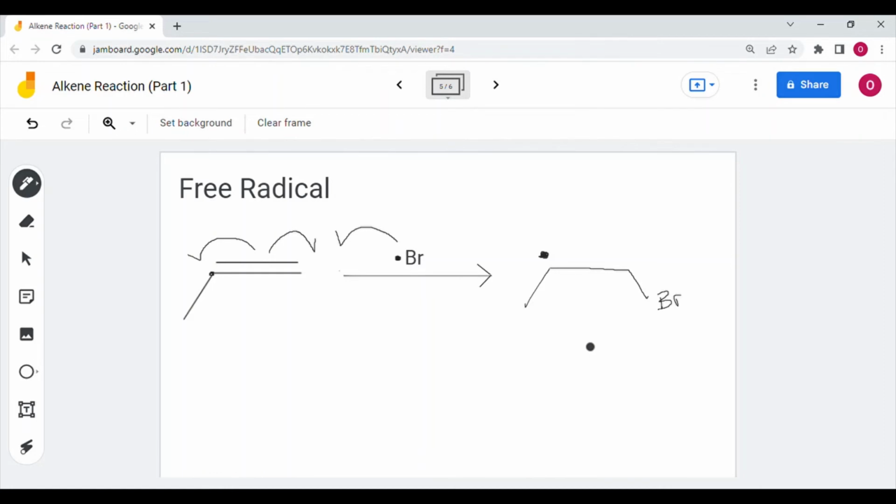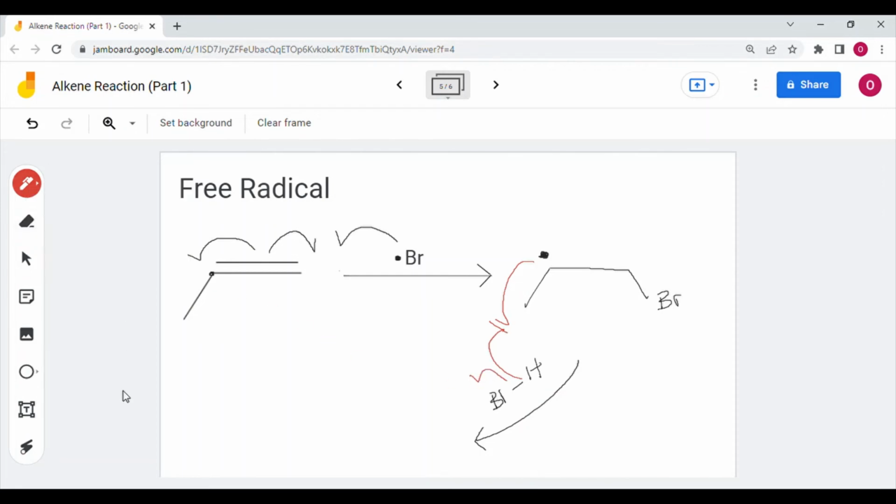So now the very final step is to remember that we have additional HBr in the solution. So when you react this molecule with additional HBr in the solution, what ends up happening is that we're basically going to be getting rid of this free radical like so. So specifically, this electron from the hydrogen is going to form a bond with that free radical, and this bond is going to break on the bromine.